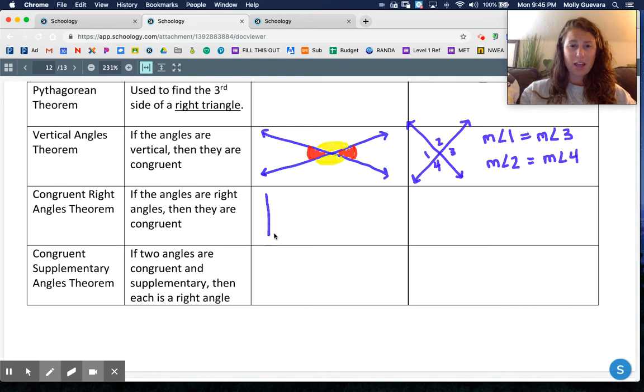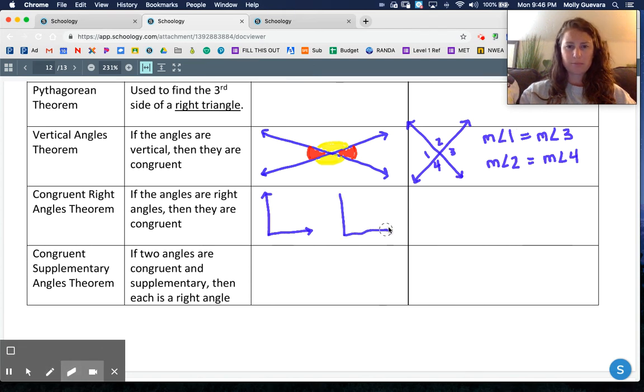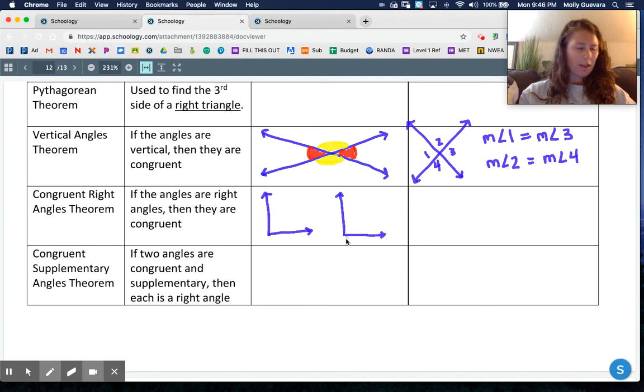Meaning if I have two angles, oh, I can do better. So sorry. There we go. If I have two right angles, and I know that they're right angles because I'm going to draw the little squares in, and this is angle 1 and this is angle 2, let's say.